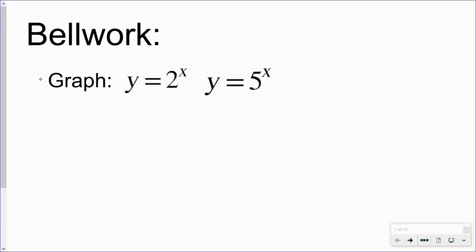All right, now that you have attempted the bell work, both of these are parent functions, and these are exponential functions. And I know that these are exponential functions because x is in the exponent.